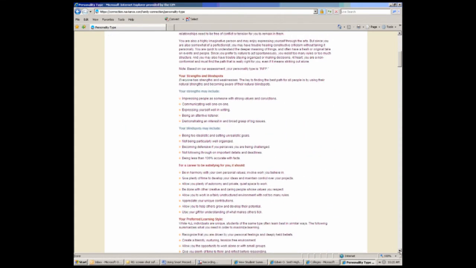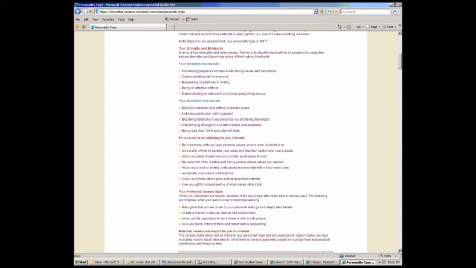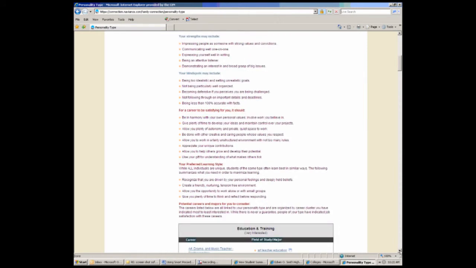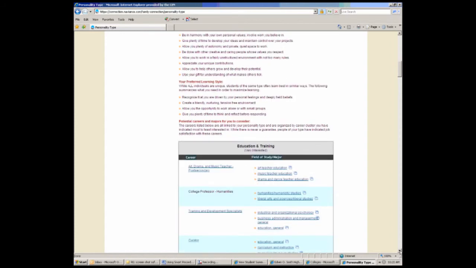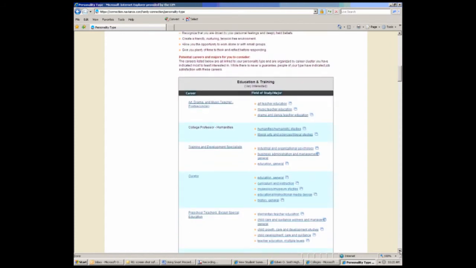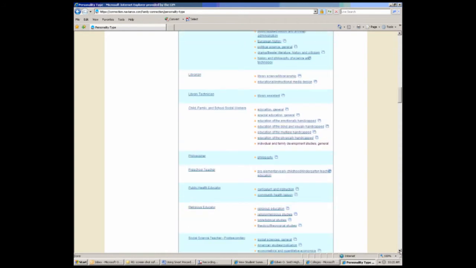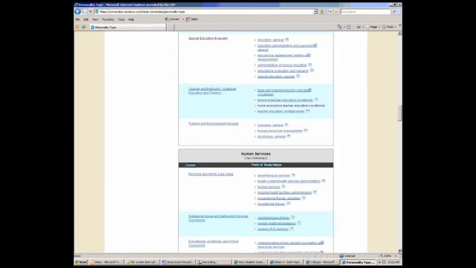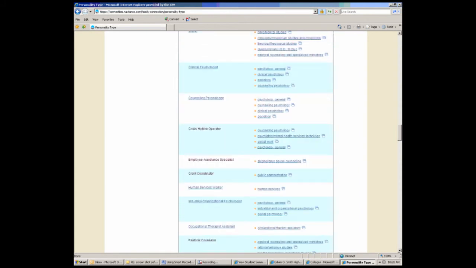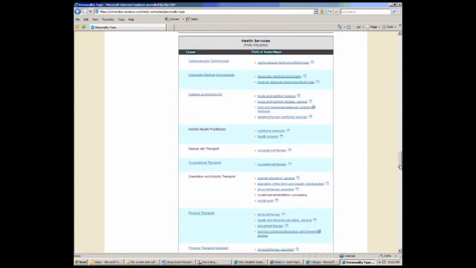So there's an introduction, an overview, and then a listing of the student's strengths and blind spots, as well as the student's preferred learning style. And then there are potential careers that match up with this personality inventory. And as you can see, these are actually pretty consistent with the interest profiler as well.